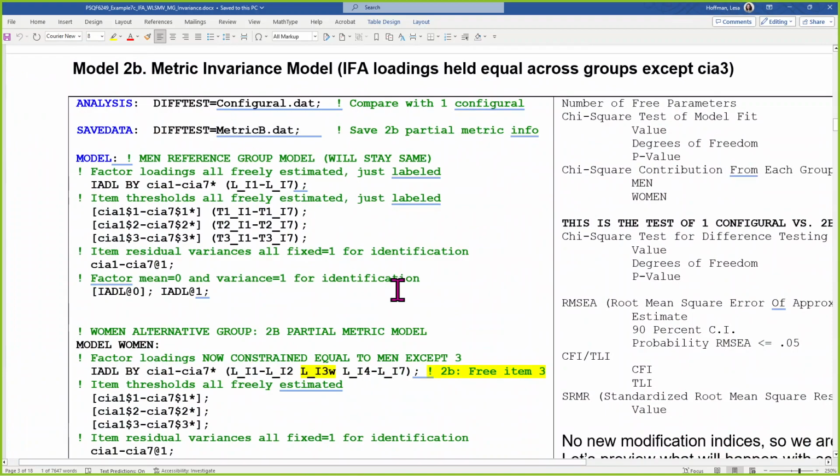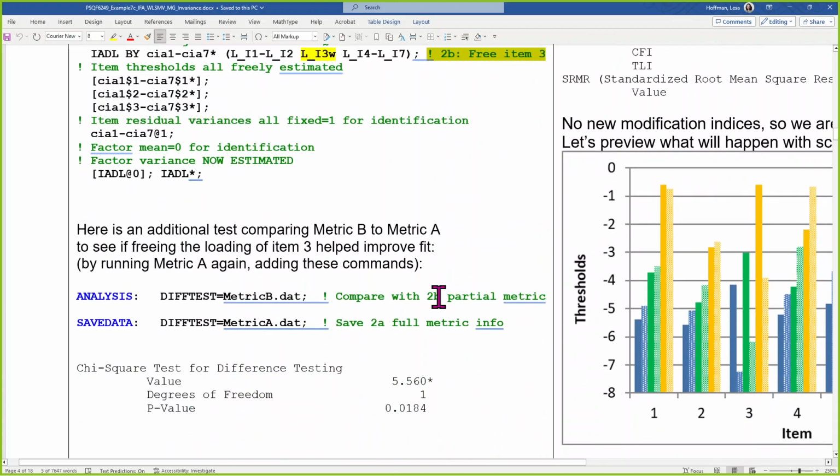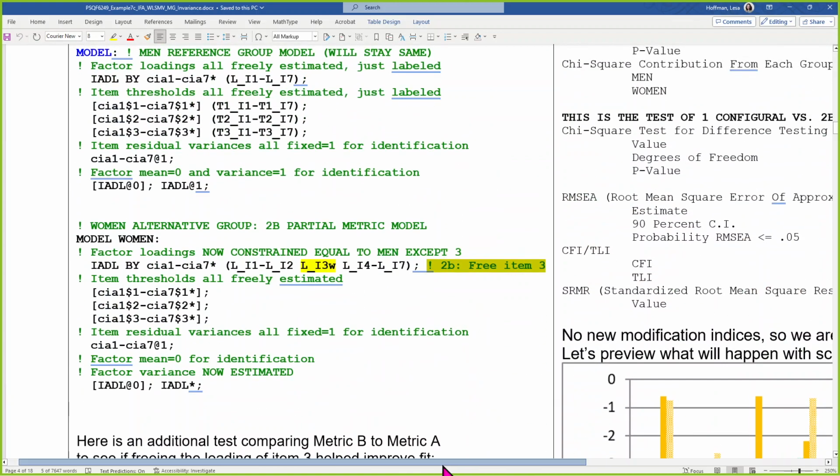So 2b, the difference highlighted in yellow, I added a W for the women as the non-reference group, and at step 2b, I'm freeing item 3's loading. So I did 2 different versions of this model.